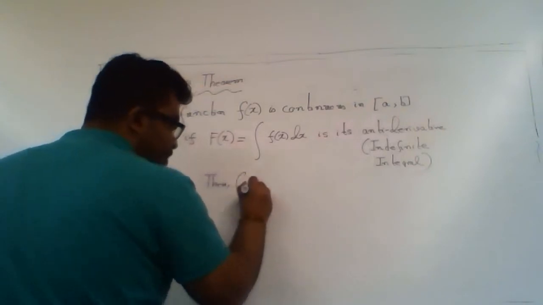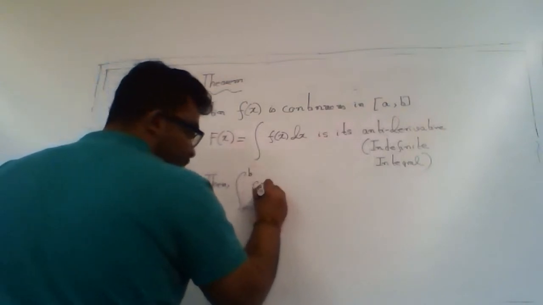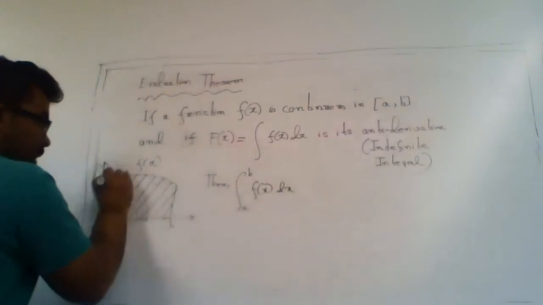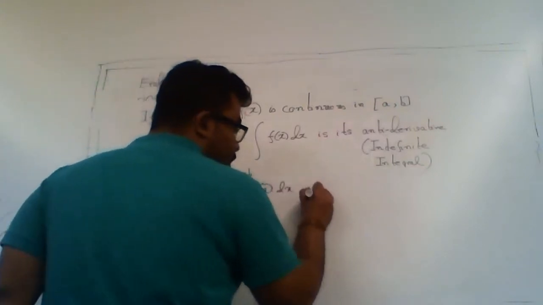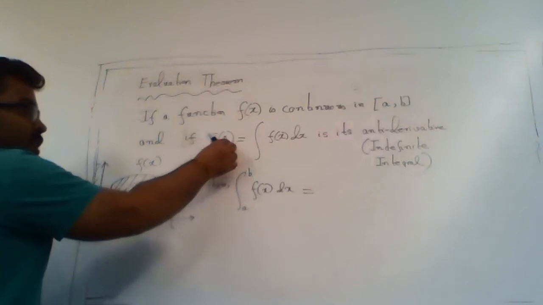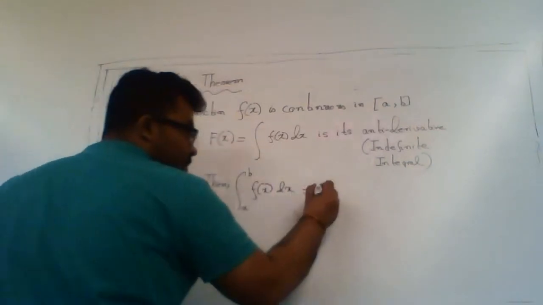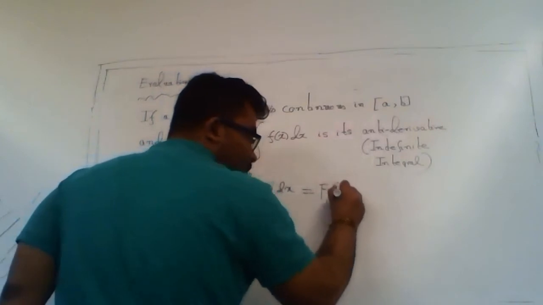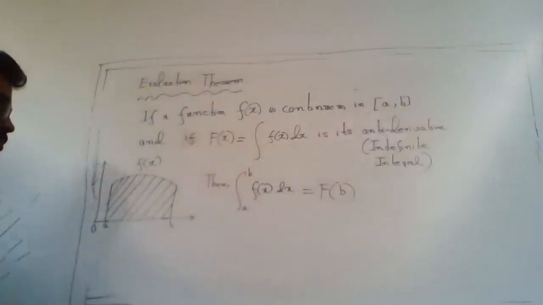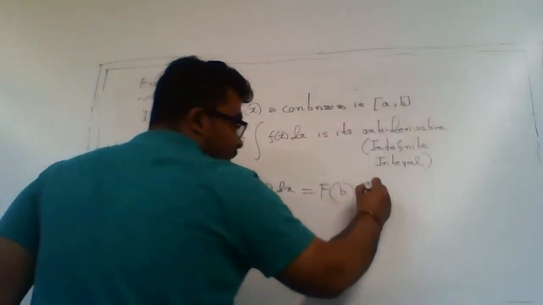The integral from a to b of f(x) dx, or this area, is simply equal to the value of the antiderivative at b, subtracted by its value at a.